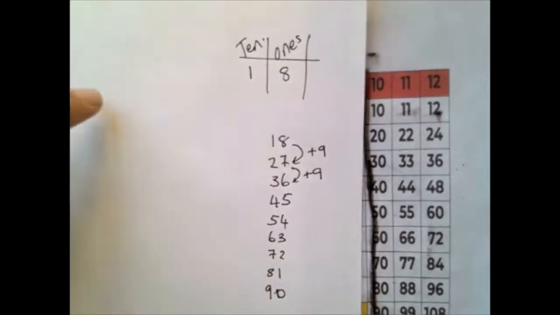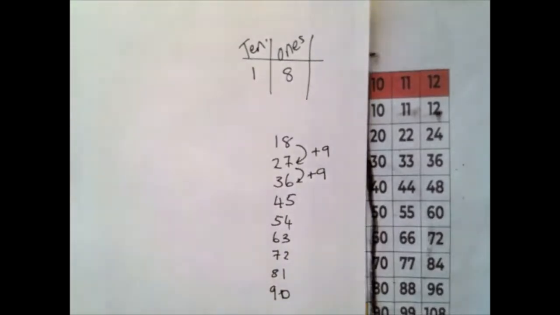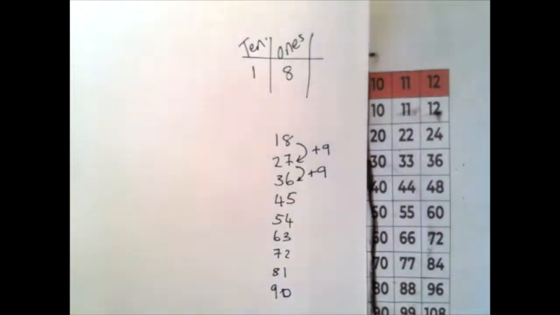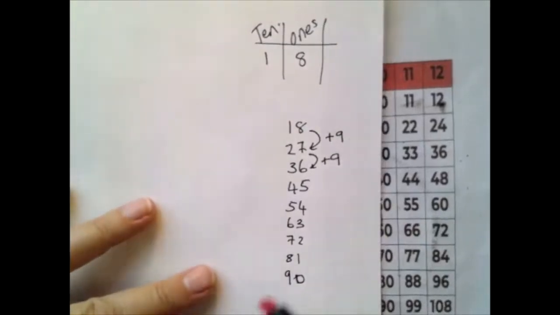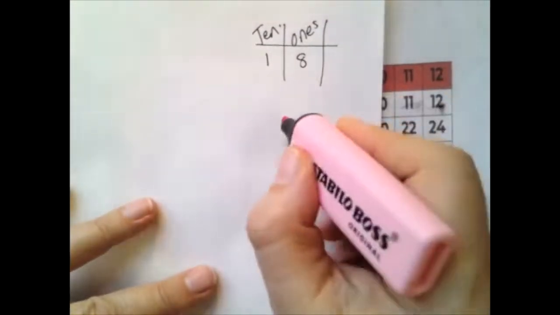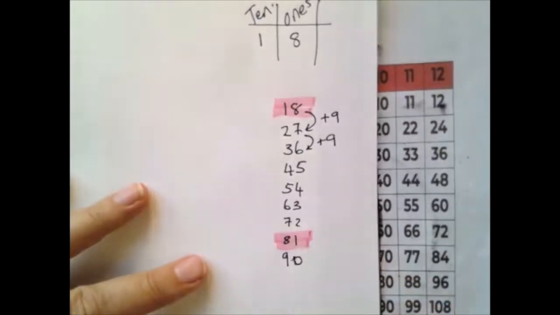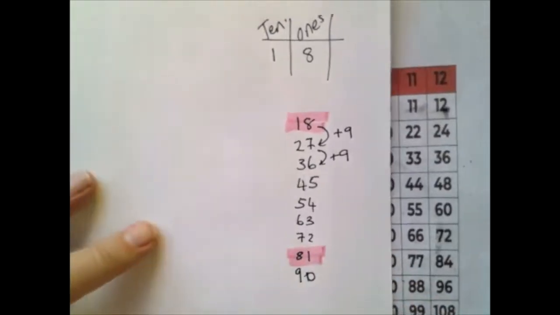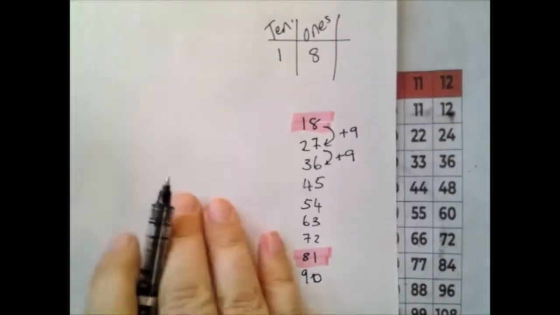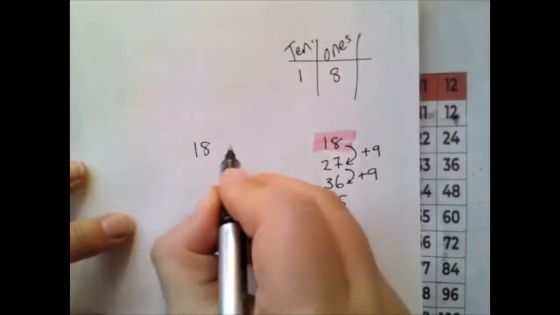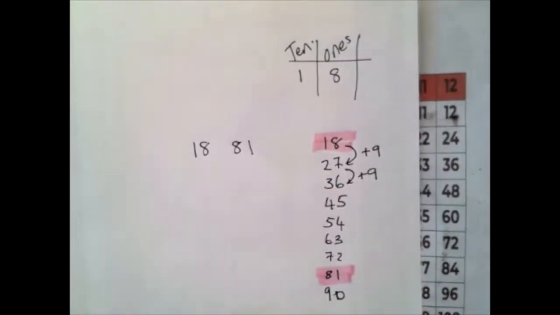What about looking at the numbers? Can you see any numbers that look like they might be pairs? I can see that there's an 18 here and there's an 81 down here. So I've got an 18 and an 81.